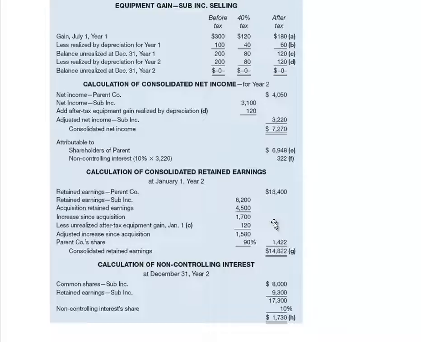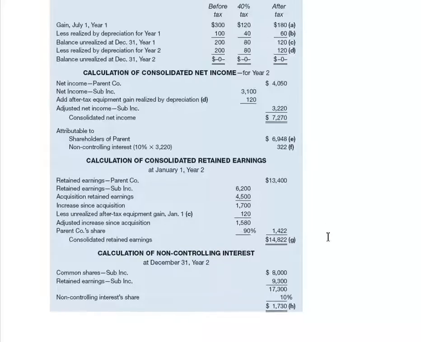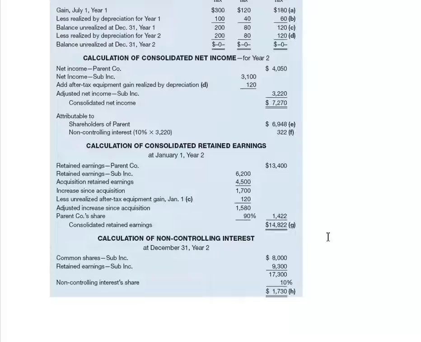We're assuming that it was just data I didn't give you, but you're seeing it here now. So we have post-acquisition retained earnings of $1,700, and we adjust it by 120 because there's 120 in that $1,700 that can't be realized until year 2. So the adjusted increase since acquisition, I refer to that $1,580 as post-acquisition adjusted retained earnings, of which the parent takes its share. So consolidated retained earnings at January 1, year 2 is $14,822.